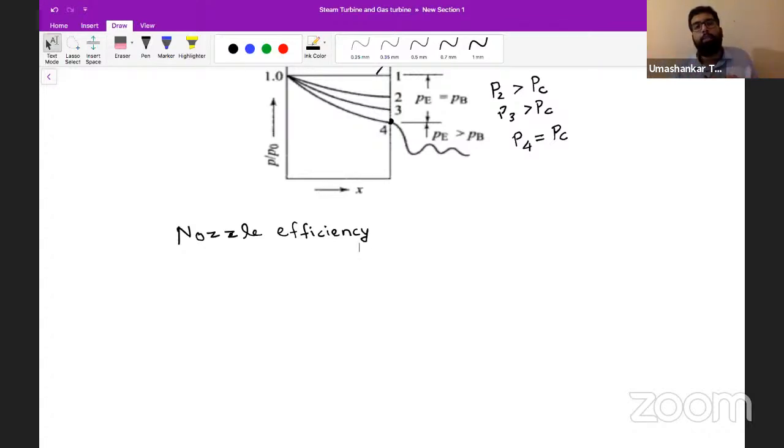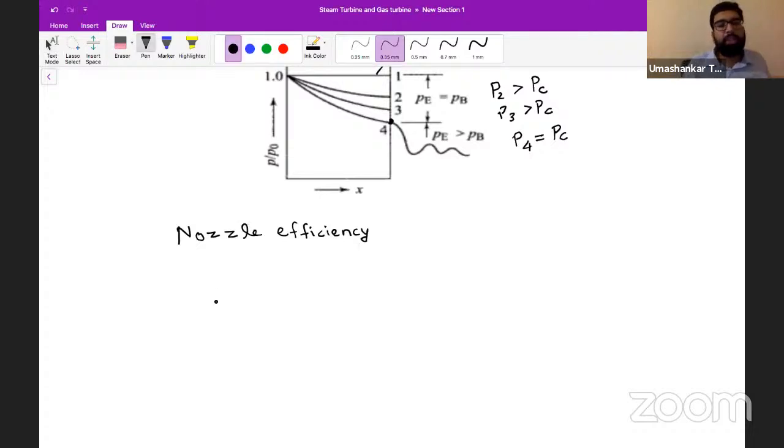In practice, the flow is not isentropic but adiabatic. So we have to compensate for this with a term known as nozzle efficiency.